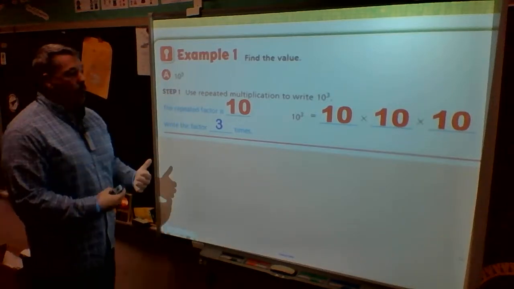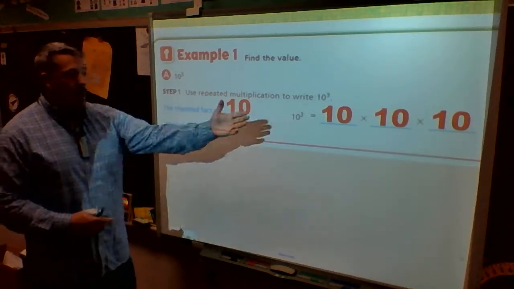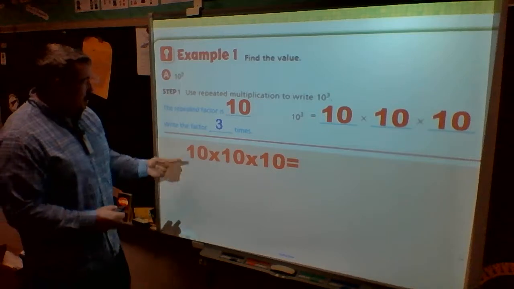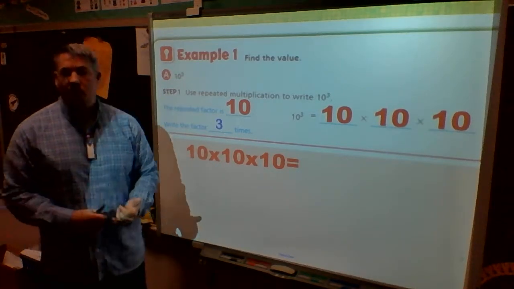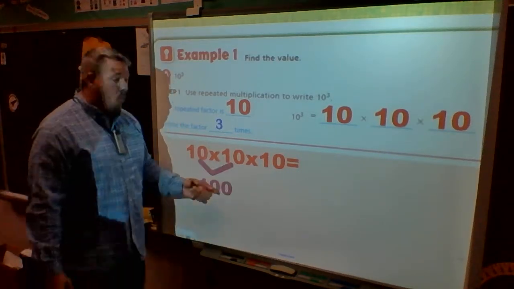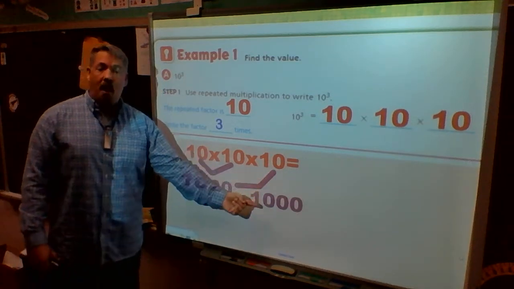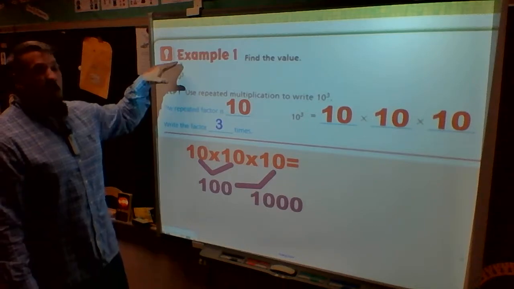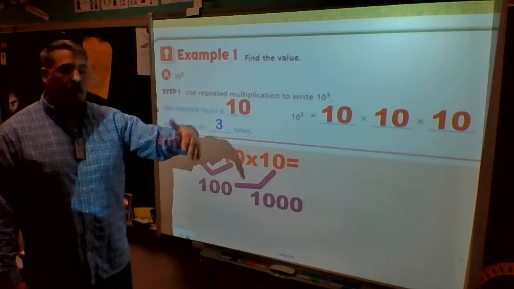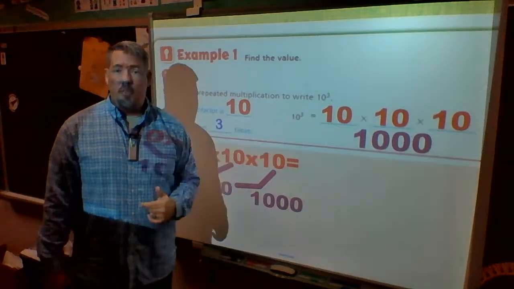Now in the same way that I worked before, I'm going to do this one also. 10 times 10, I type it in my calculator, 10 times 10 equals, and I get 100. Times 10 equals, and I get 1,000. So 10 cubed, 10 to the third power, is the same thing as 1,000.